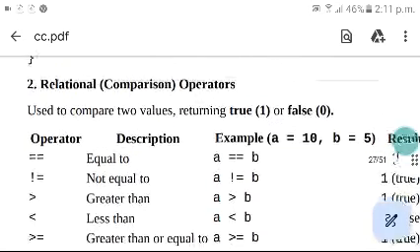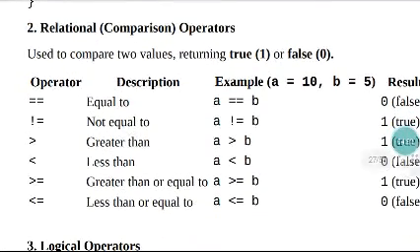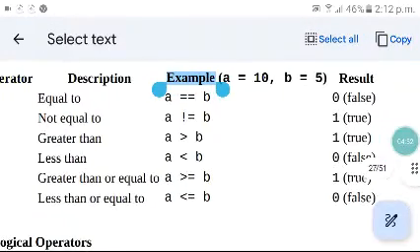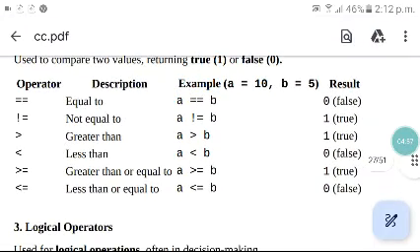So these are the relational operators. You can compare two numbers or anything. It can be equal, not equal, greater than, less than, greater than or equal, or less than or equal. You can see in this column the example, how it is used and what the result is. If it is true, then it is 1. If it is false, then it is 0.